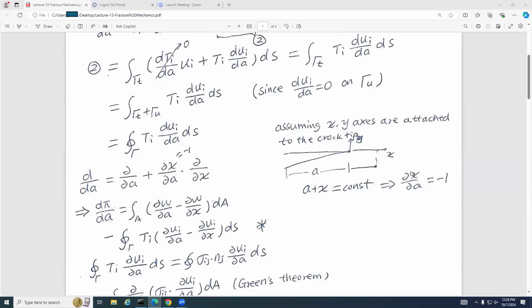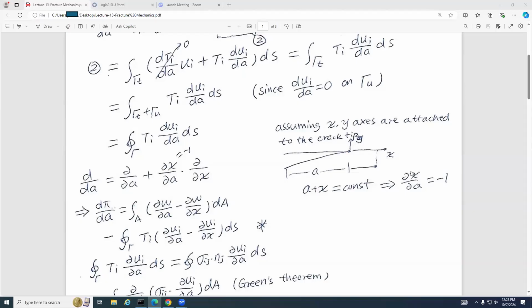I know this equals 0, because on the essential boundary there is no traction, Ti equals 0, so the whole thing equals 0 and I can add this 0 here. Do you agree?